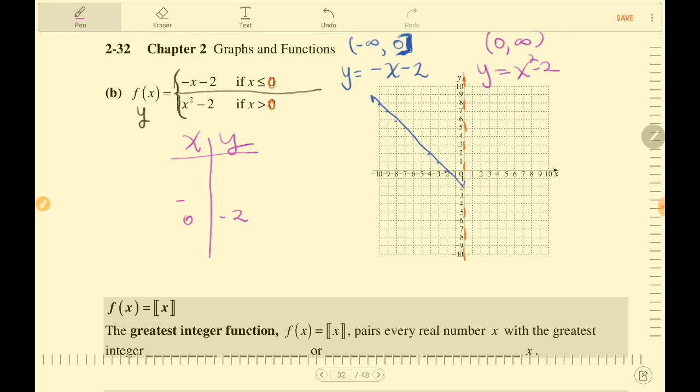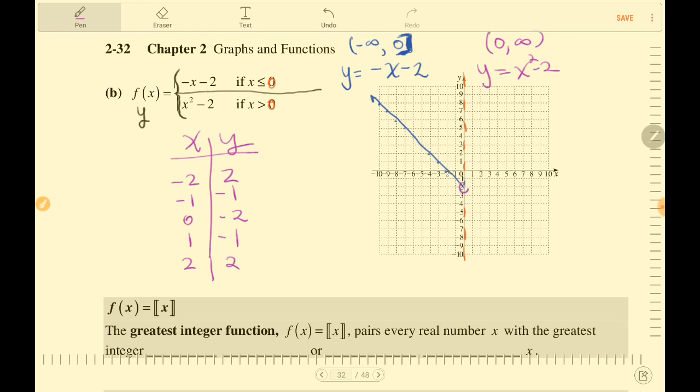For x equals negative 1, negative 1 squared is positive 1, minus 2 is negative 1. For positive 1, 1 squared minus 2 is negative 1. For negative 2, negative 2 squared is 4, minus 2 is 2. For positive 2, 2 squared minus 2 is also 2. It will definitely continue on in this way.